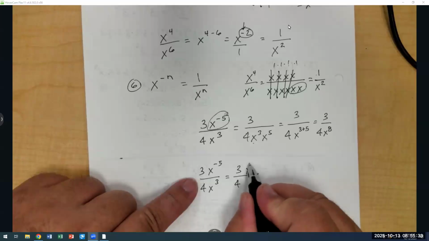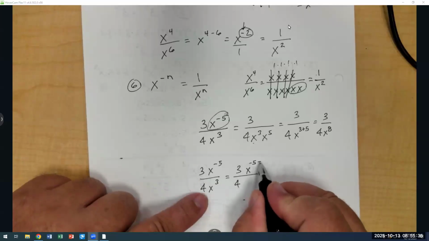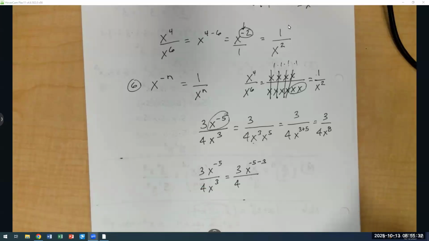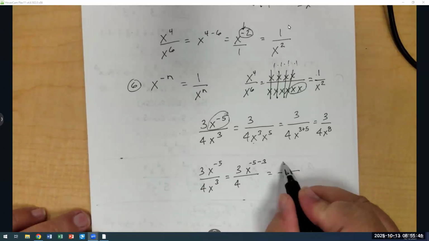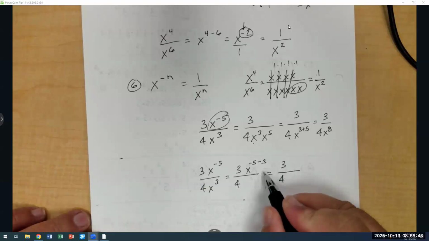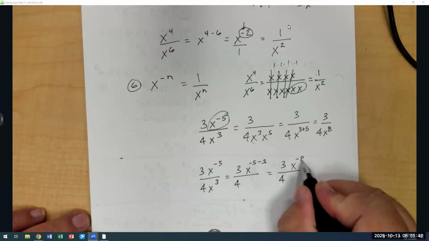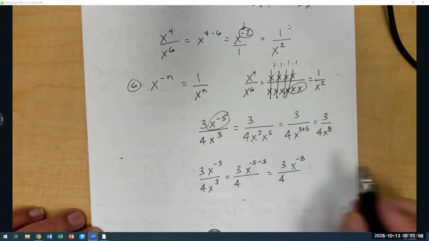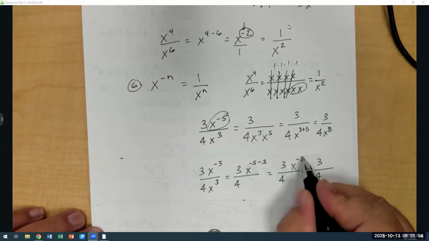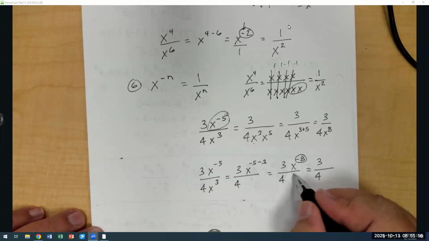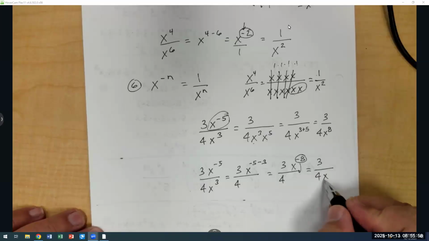You subtract them. So you have -5 on top minus whatever's on the bottom, which is a 3. -5 minus 3 is -8. Since that's negative, the whole thing moves down.